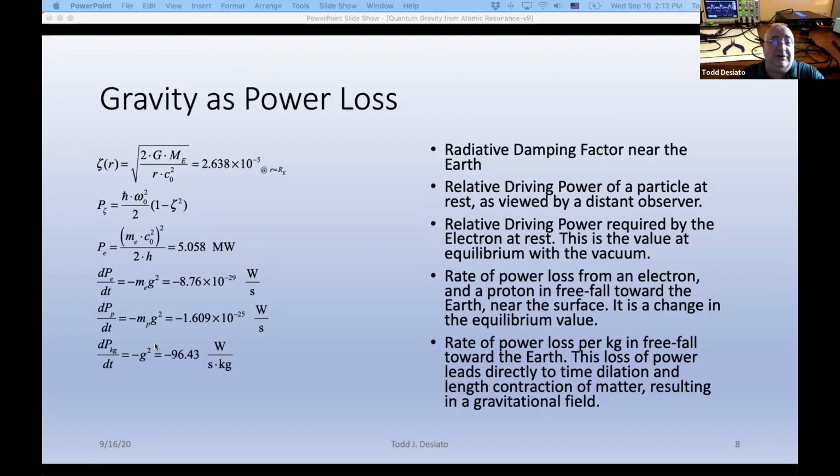And in general, g is the terrestrial gravitational acceleration, 9.8 meters per second squared. If you square that, you find out that matter as it falls loses about 100 watts per second per kilogram, which is the good news, because really it's not a large number. It's only 100 watts per kilogram per second that matter is losing as it falls toward the Earth.